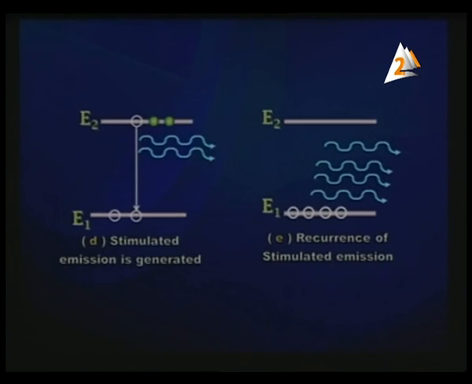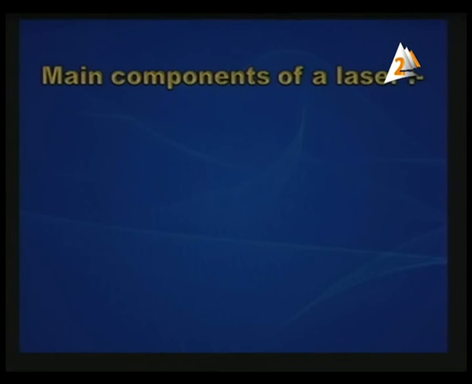So atoms fall from E2 to E1, and in this way we obtain laser photons of the same energy, almost the same frequency and wavelength, and they are in phase.